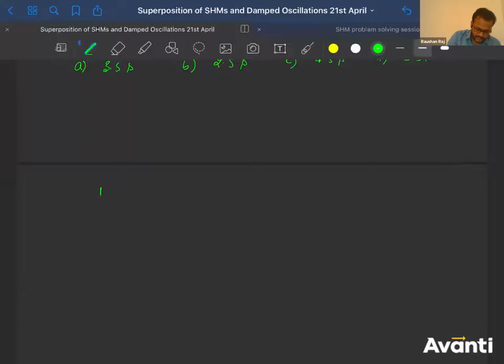If I write the initial mechanical energy, let us say initially the amplitude was A naught. So I'll write half into K into A naught square. Now let us say mechanical energy final will be half into K into A square, right? But since this is a damped oscillation, what is the formula for amplitude for damped oscillation?